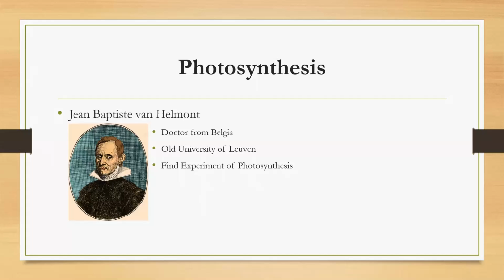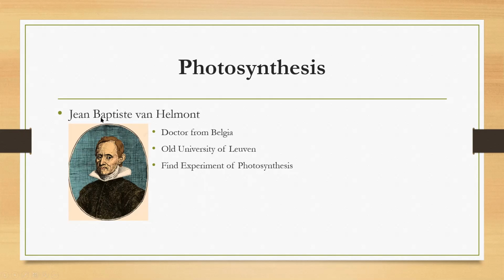So we go back again to photosynthesis. As we know, in that era, maybe around before the 2000s, a lot of people, or scientists, made experiments in physics, biology, and maybe chemistry. So he is Jean Baptiste van Helmont.